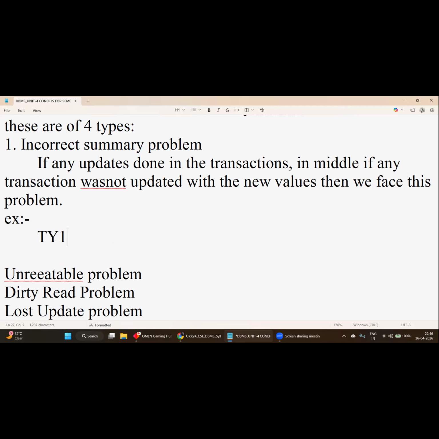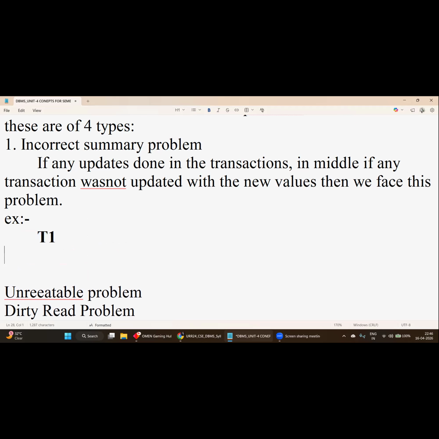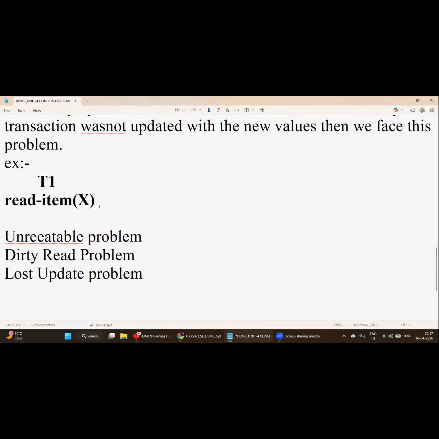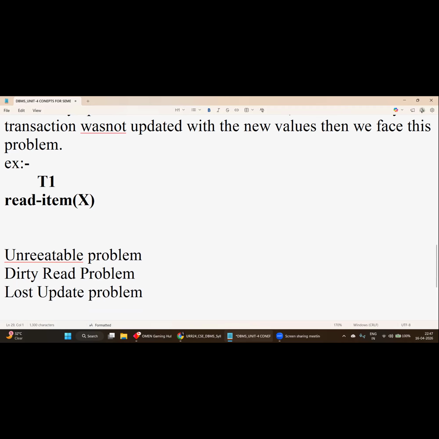Example is T1, the first transaction, and now we have two methods. The first is read item of X, which reads the X value from the internal storage, the physical database.